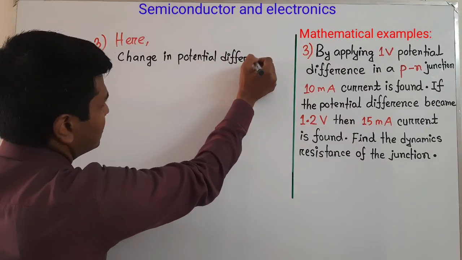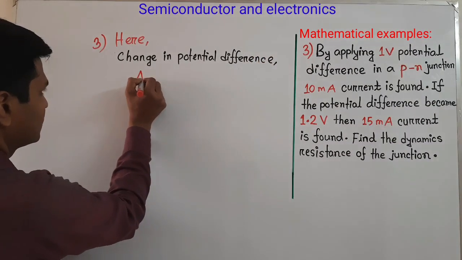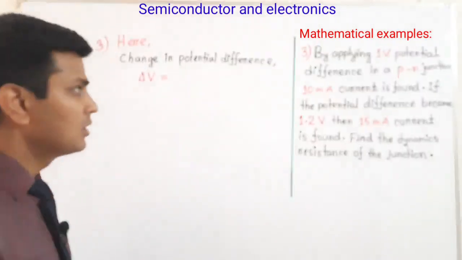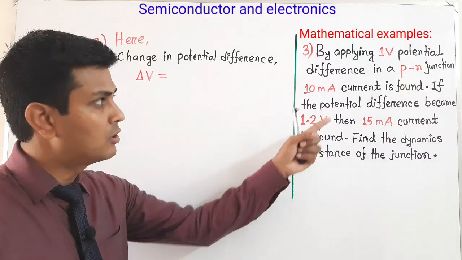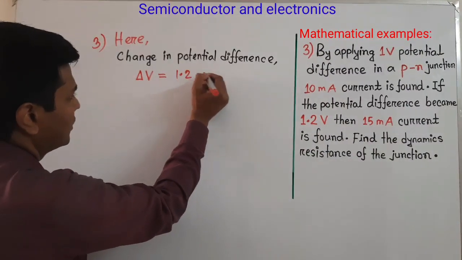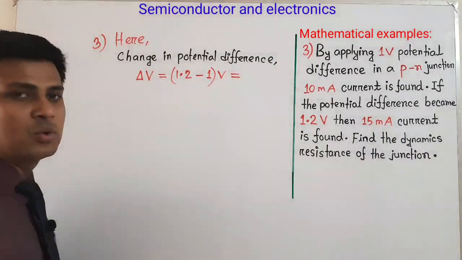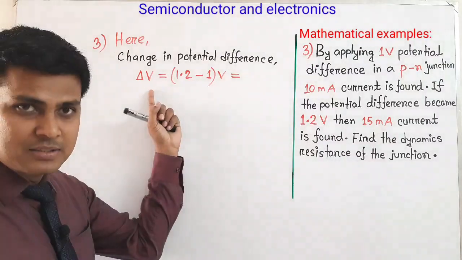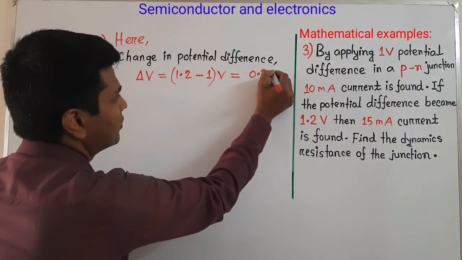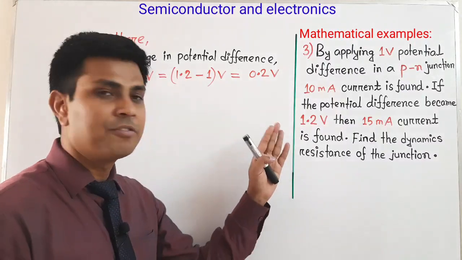The change in potential difference, del V, will be the subtraction of 1.2 volt minus 1. So we can write 1.2 minus 1 volt. Then after calculation we will get the result of del V is 0.2 volt. Similarly, we can calculate the change of current.